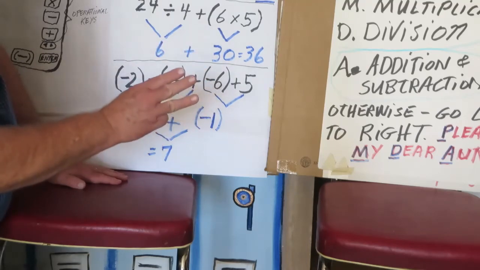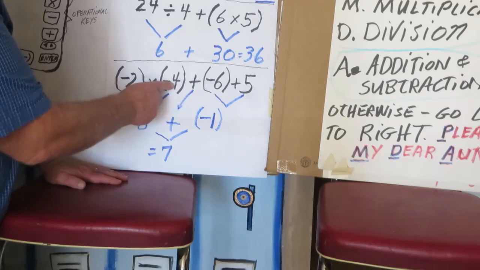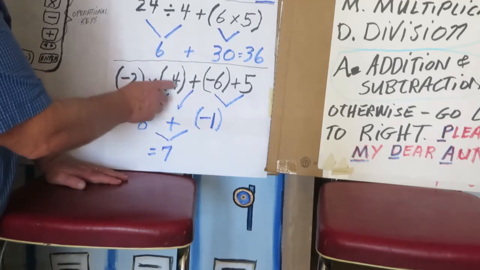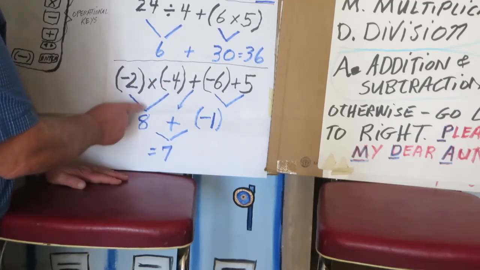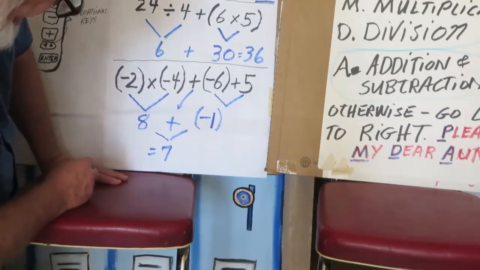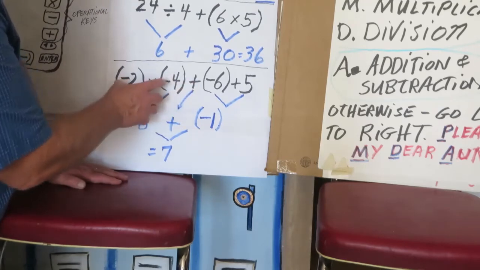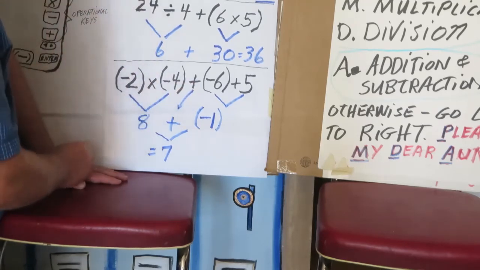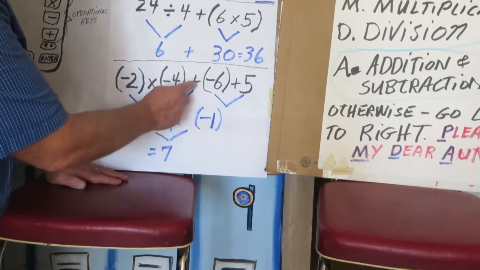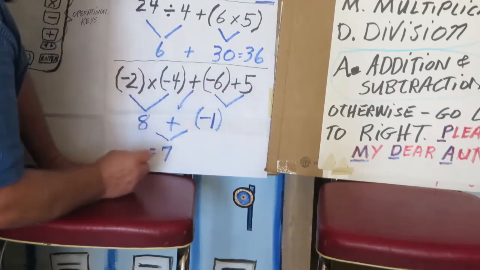The next thing we look for is multiplication, and here -2 times -4. Remember, a negative times a negative is a positive. -2 times -4 is 8. Okay, so now we've done the multiplication first. There's no division. We look for addition and subtraction, and here we're going to add -6 plus 5.